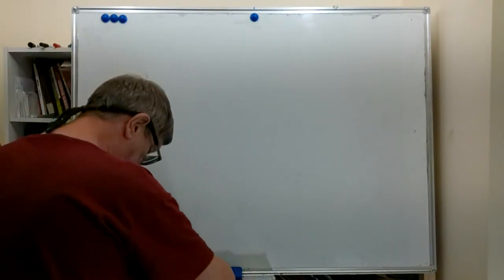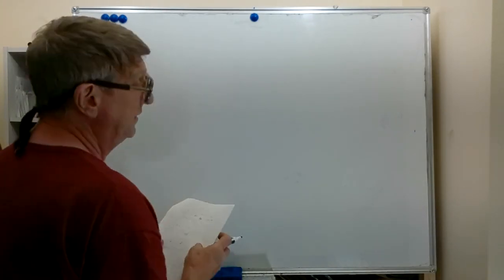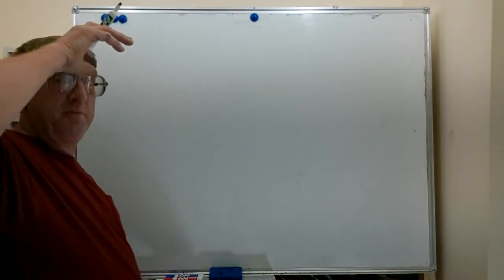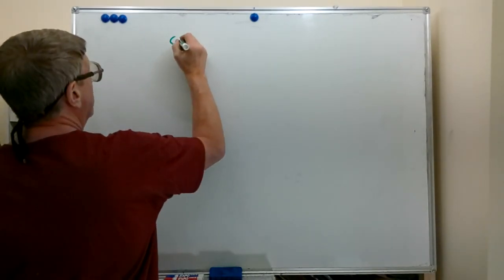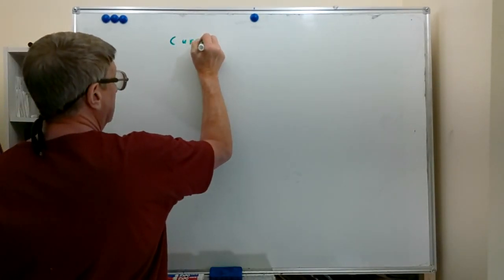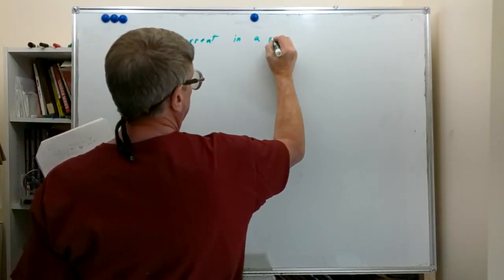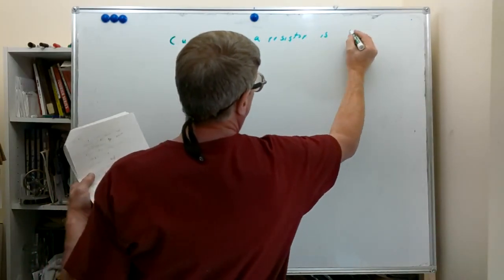So we're going to talk about current in a resistor. Remember, this is math for electricity and electronics, so we're going to be putting in some electrical type examples as we move along. The current in a resistor is 2 amps.